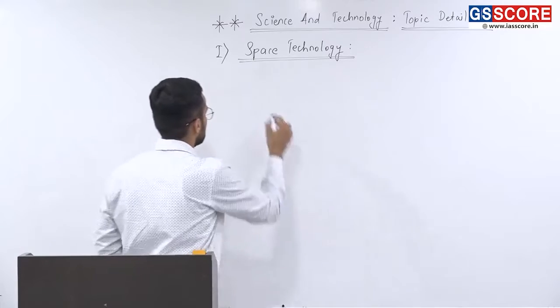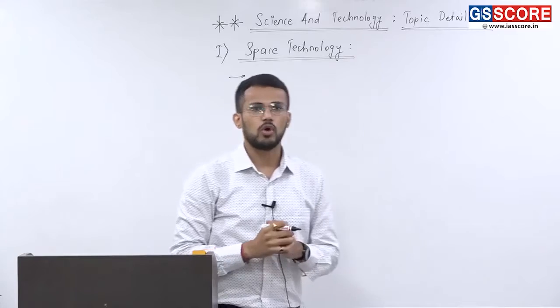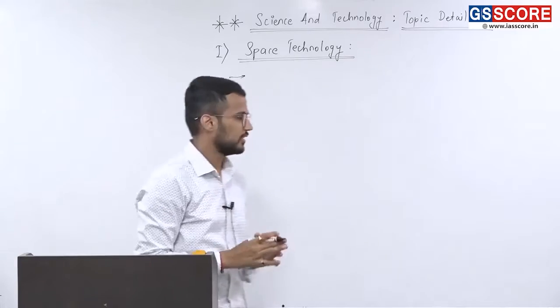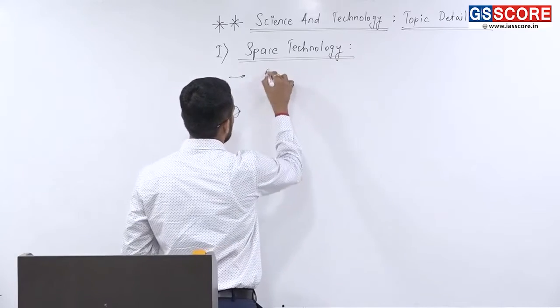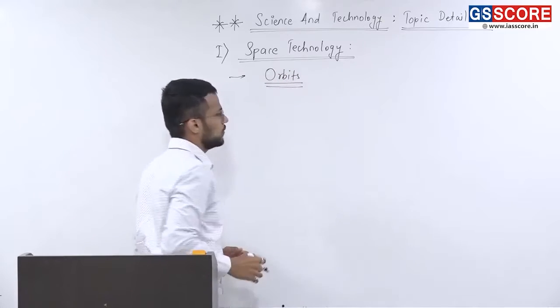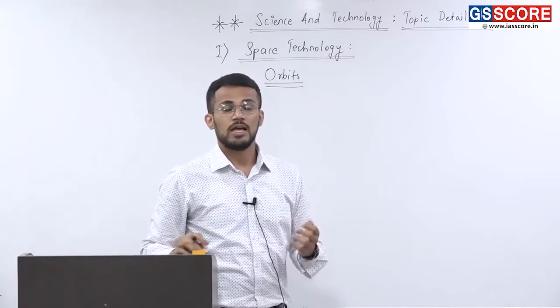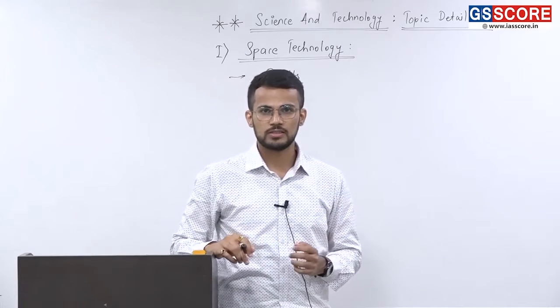If you go through previous year questions, you'll find that the most important topic that you should study for space is orbits. Now, there are different types of orbits. For example, we have galactocentric orbits.